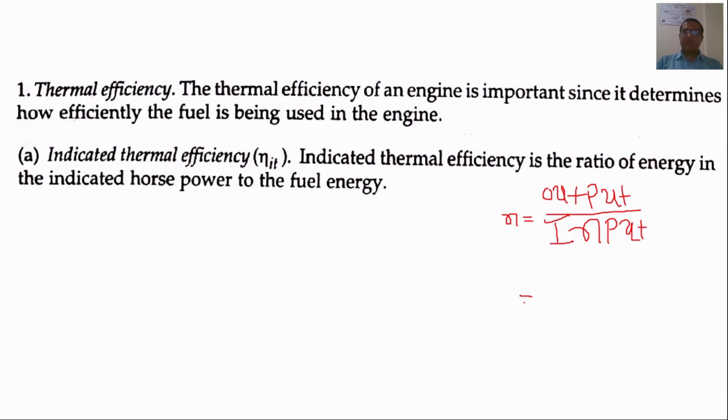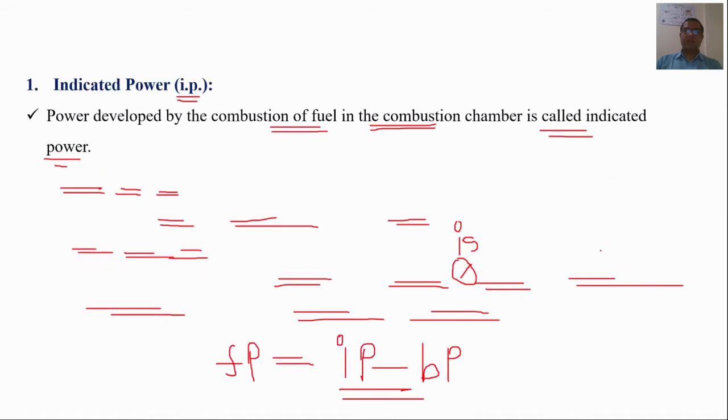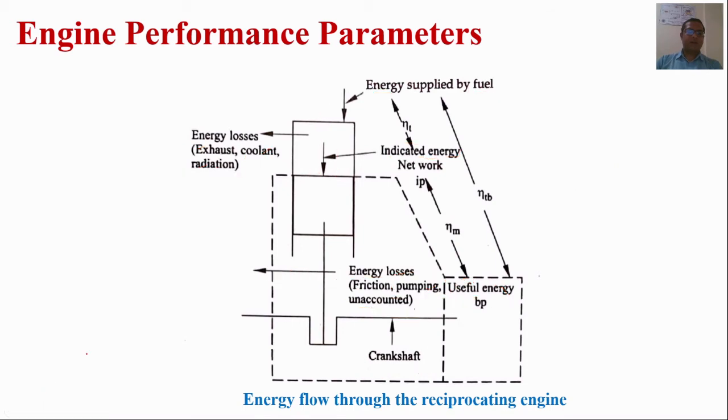Now, in the case of the engine, what is our input? As we have discussed in the energy flow diagram, our input is energy supplied by fuel. This is our first input.